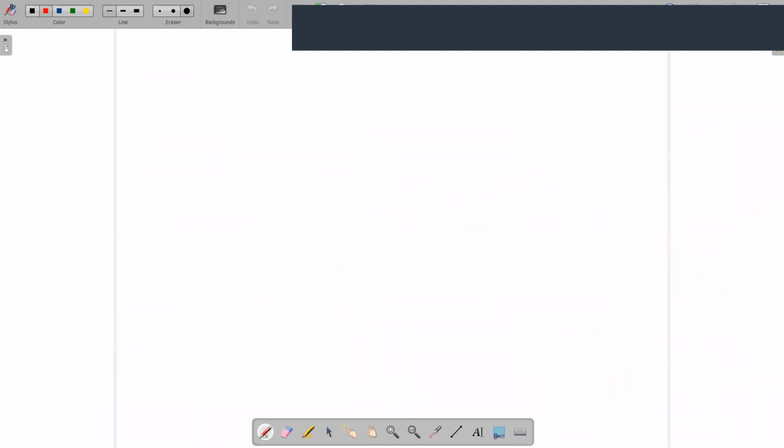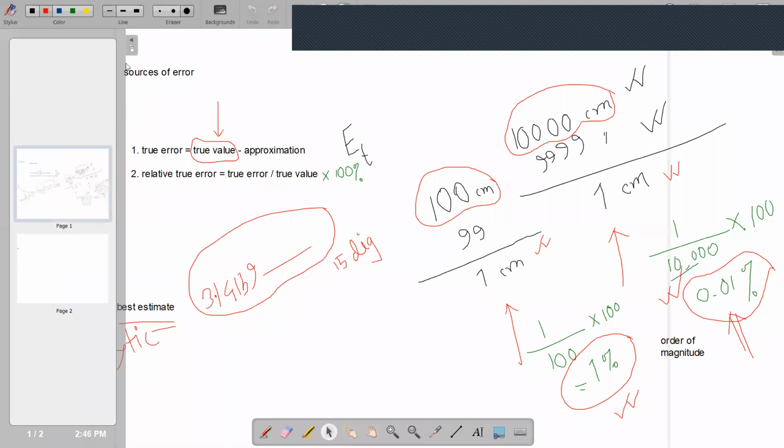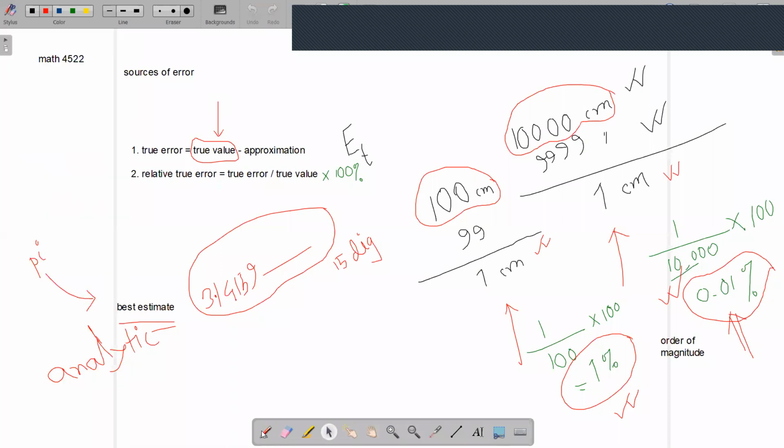Let's see the other two. Sir, I have a question. Yes, of course. Sir, what is the difference between the approximation and the true value? The base is the best estimate. Approximation is when I am trying to get to the best estimate. The more I calculate, the more I iterate, I will try to go to the best estimate.